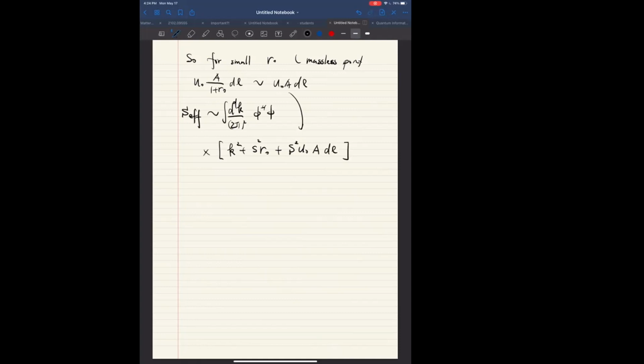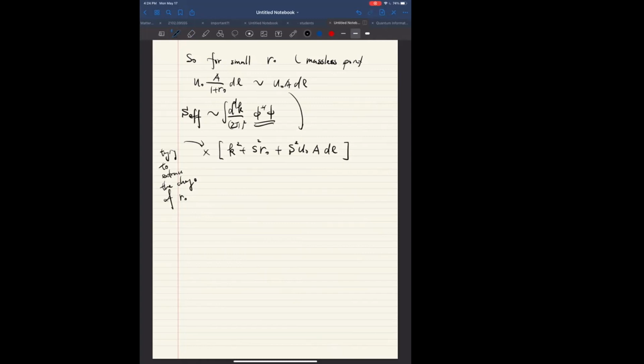What I'm trying to do is extract the change of r0. Because this is only quadratic in the phi field, it corresponds to the r0 term.